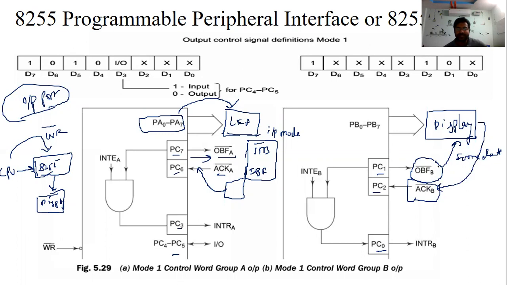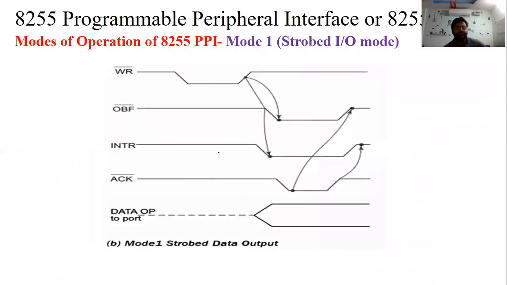As this process continues, it generates the interrupt, because you can perform the write operation again. First of all, it can perform the write operation. In the input mode, the read operation is the last operation, but in this one the write operation is the first, because the CPU loads data to the 8255 PPI, then to the display.